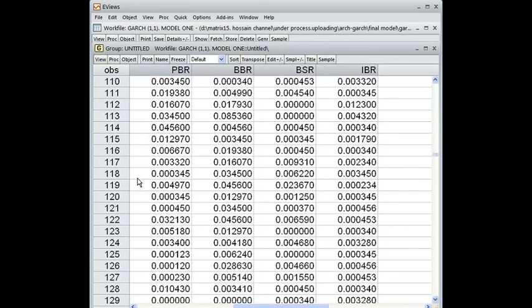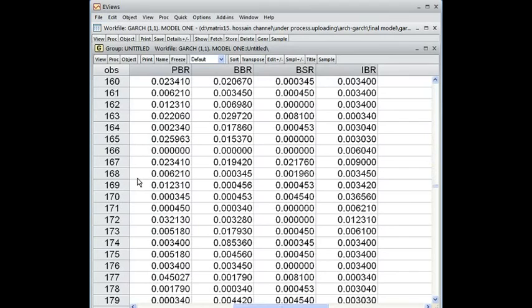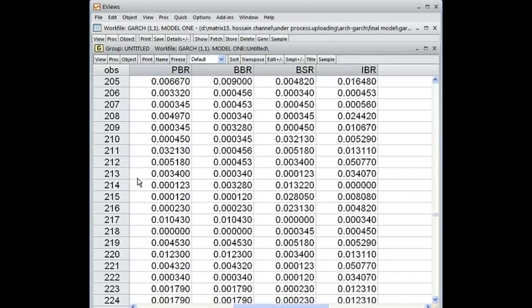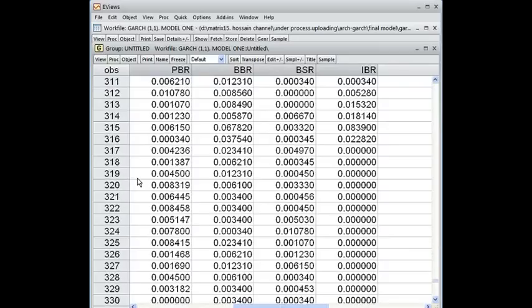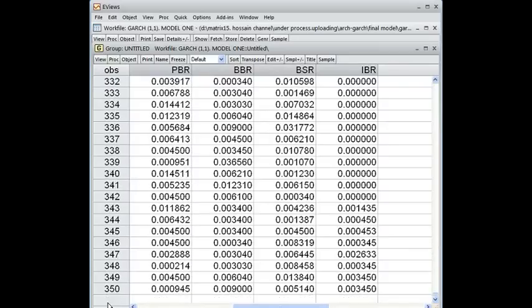So I'm going down. So the data is until 350 days data is here.